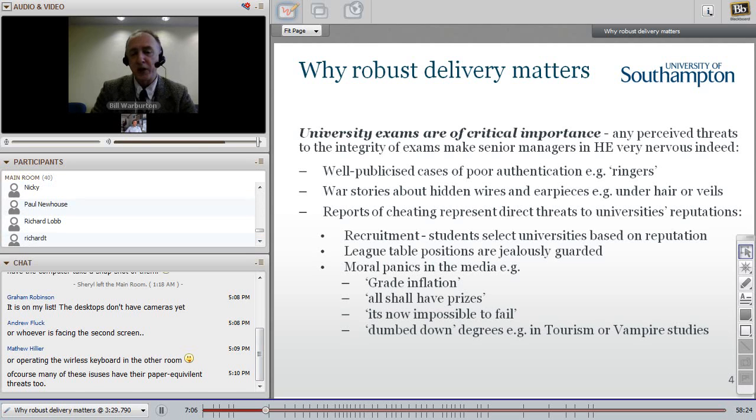And all of these things worry senior managers and make them particularly concerned that assessment activities, in particular summative assessment activities, the sorts of things we normally call exams, are conducted in a manner beyond reproach, because the university's reputation sits on the end of it.